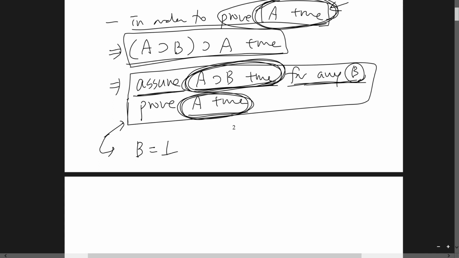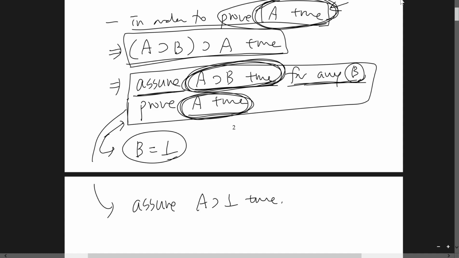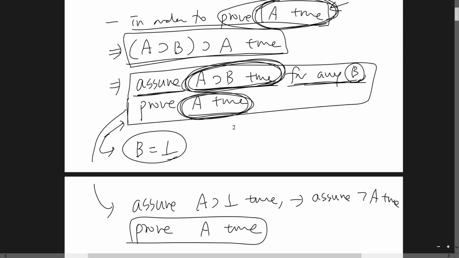So let's consider the case of setting B to bottom. Then what happens? Assume A implies bottom true, and then prove A true. So that is: assume negation A true, and then we needed to show A is true.